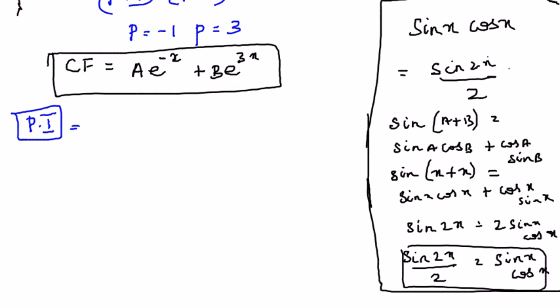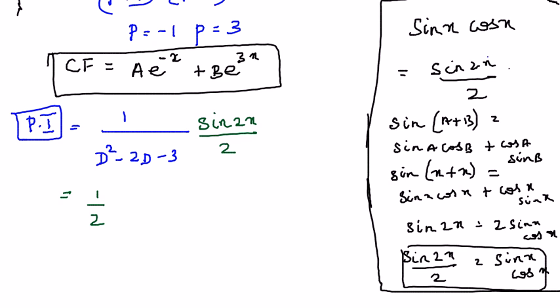So particular integral is going to be 1 by d squared minus 2d minus 3 into sin x cos x, right? But instead of sin x cos x, I'm going to write it as sin 2x by 2. That's right, sin 2x by 2.